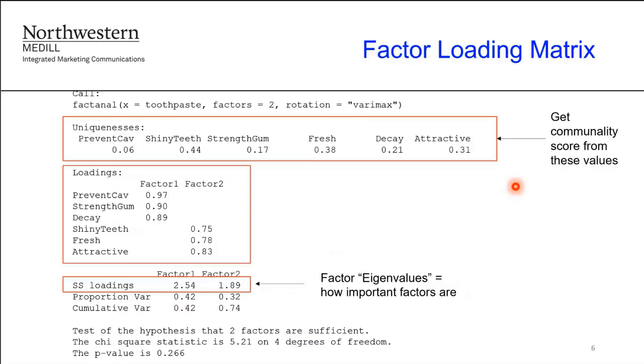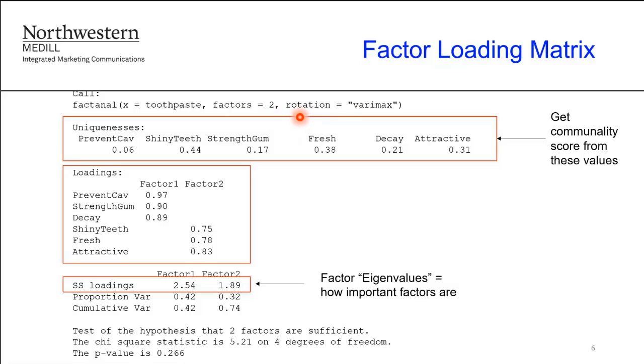This is the result from R, the command for the factor analysis in R. We feed our data set here, and we set the number of factors equal to 2. Before running this command, you have to know how many factors you are going to use.